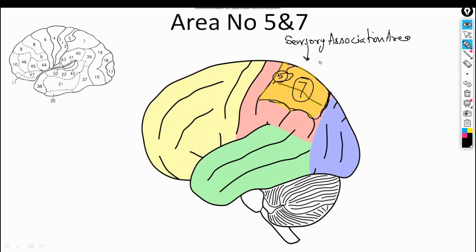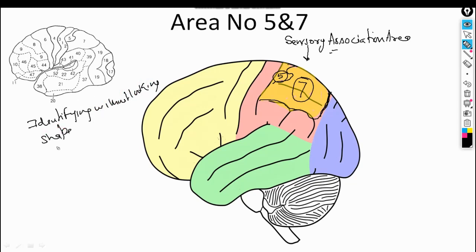Brodmann's areas 5 and 7 are also known as the sensory association area. This area is responsible for identifying an object without looking, on the basis of its shape.